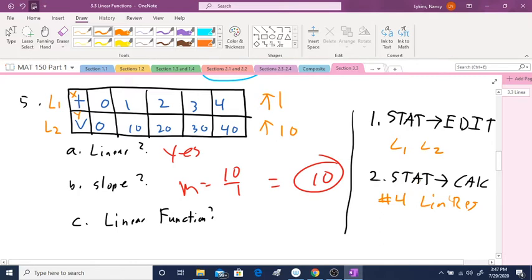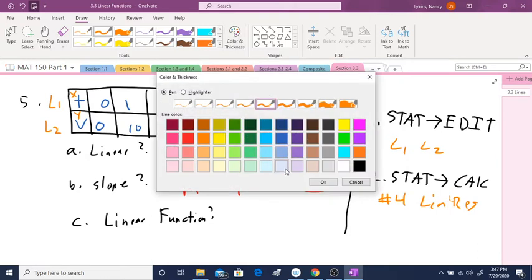You may have to hit enter a bunch of times until it says calculate, and it's going to put it in y equals format. This time it's going to give you an A and a B value.